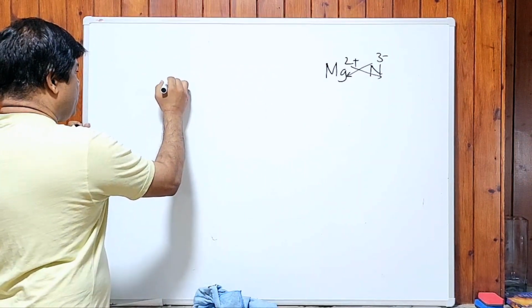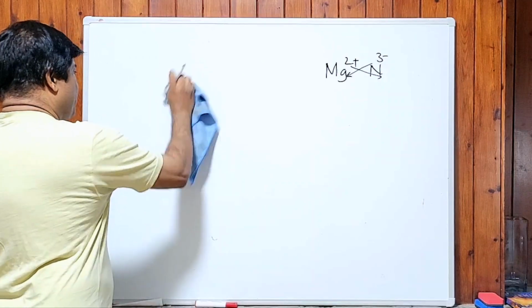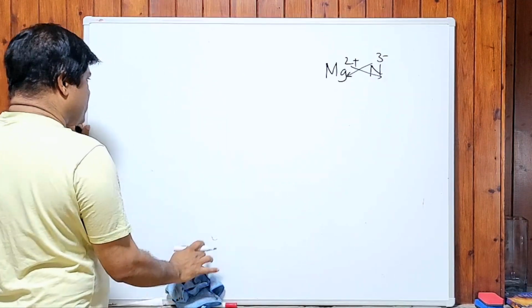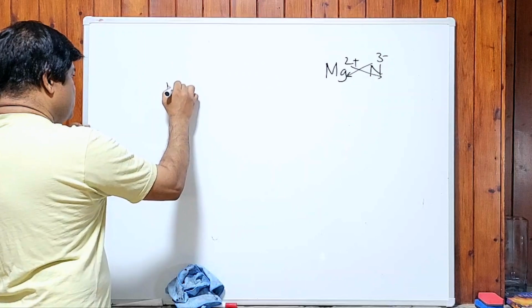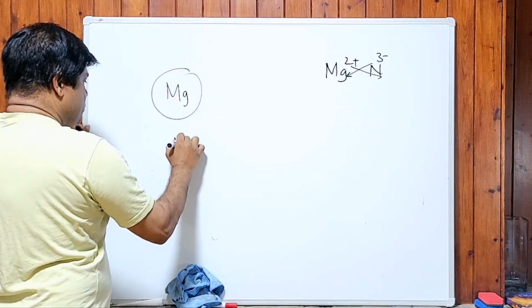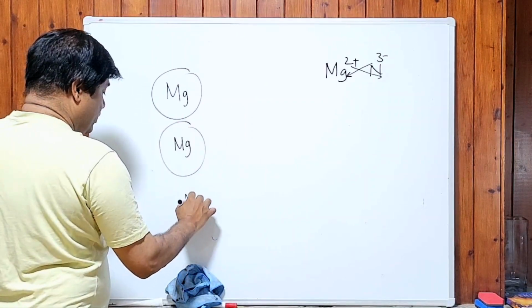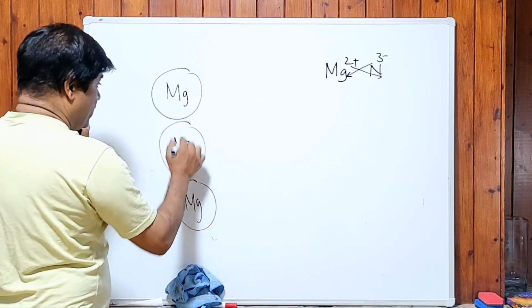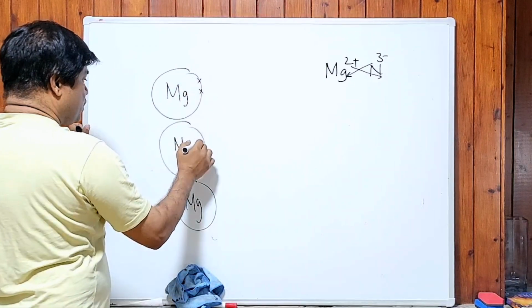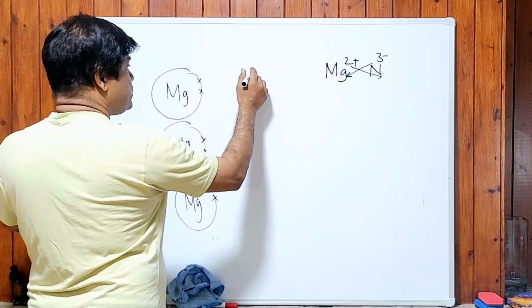Mg3N2. So we need 3 magnesium. I'm not drawing the big circle because I need 3 magnesium: magnesium 1, magnesium 2, magnesium 3. They have 2 electrons each.